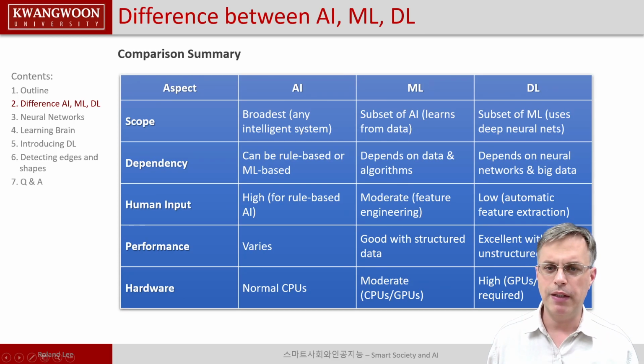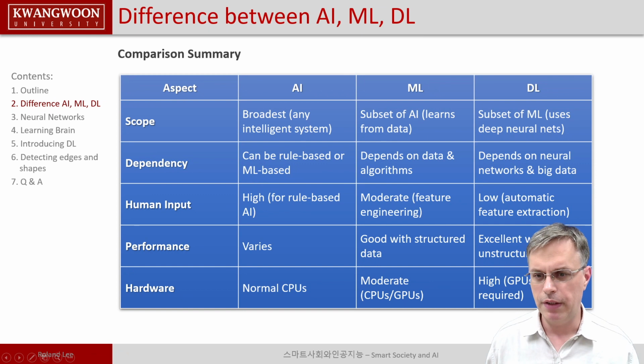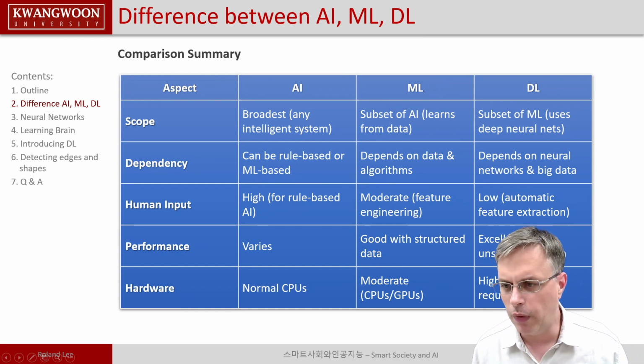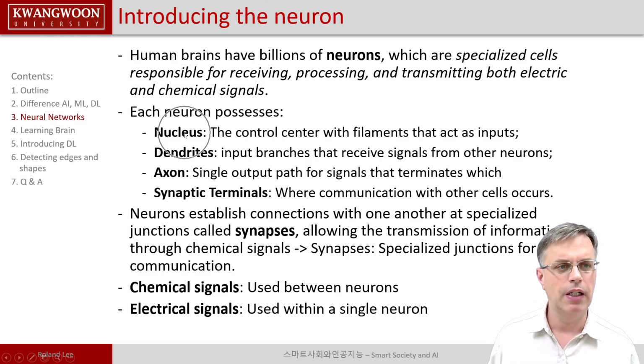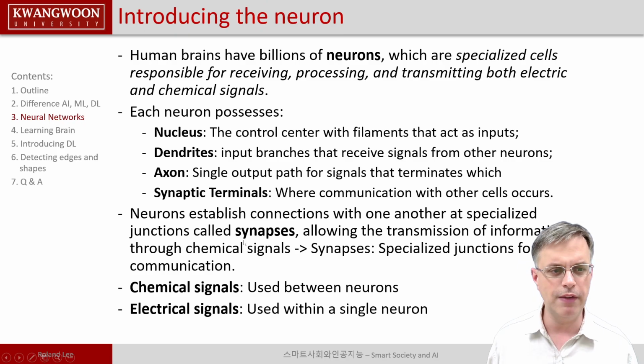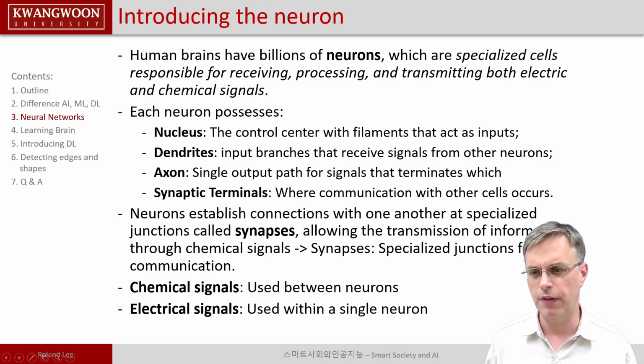Then we went into the details about the neural networks. So let's see just a few things about it. You see here nucleus, dendrites, axons, synaptic terminals, and synapses as well, chemical signals and electrical signals.